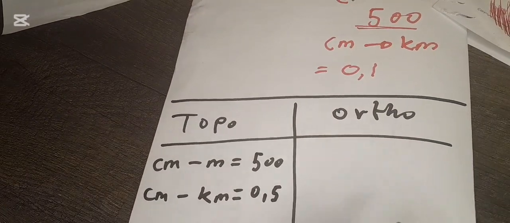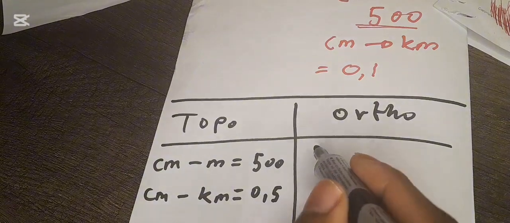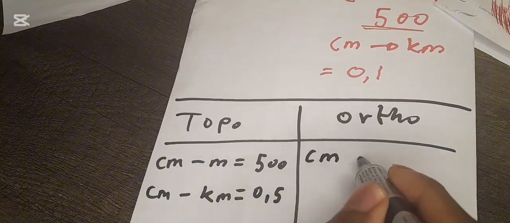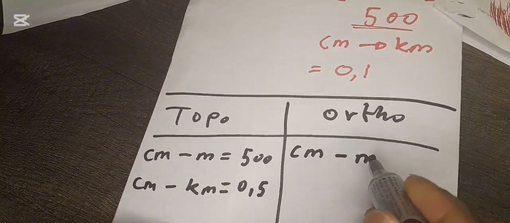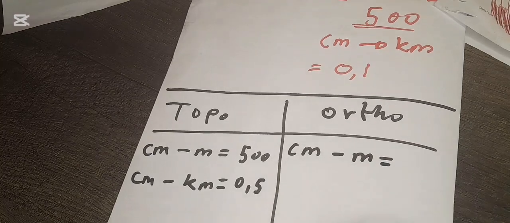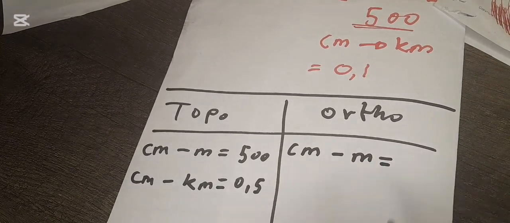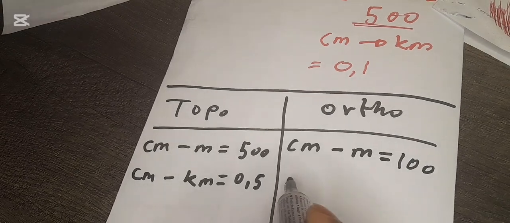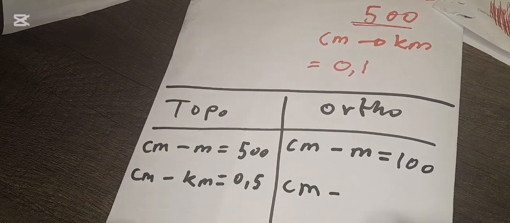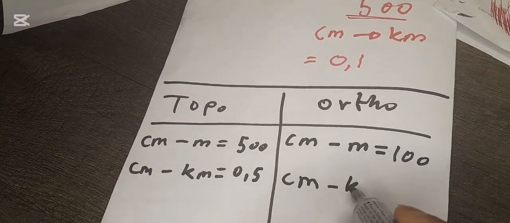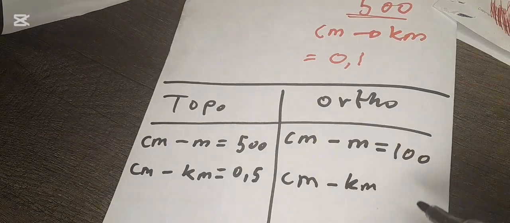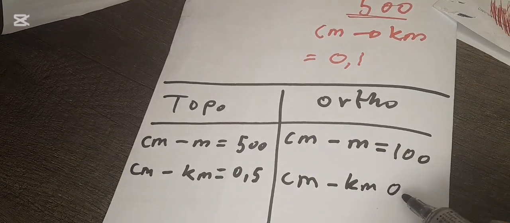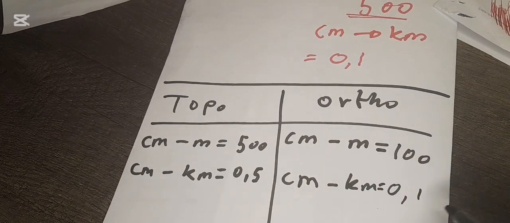Then let's go to an orthophoto. I made a mistake at first there, apologies. A centimeter to a meter on an orthophoto, you're going to multiply with 100. And a centimeter to a kilometer on an orthophoto map, you're going to use 0.1.